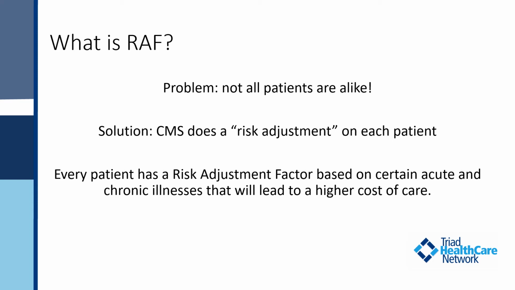This risk adjustment factor is based on certain acute and chronic illnesses that are predicted to lead to a higher cost of care. The result is that the higher the RAF in a patient, the higher the premium the plan is paid on behalf of the patient and to utilize in care of the patient.